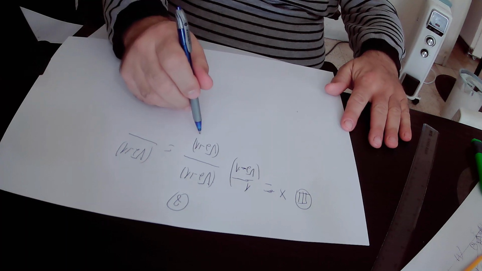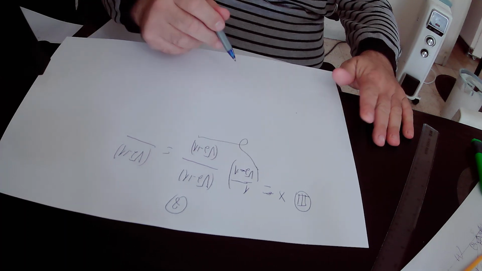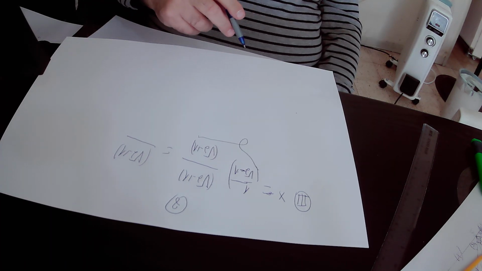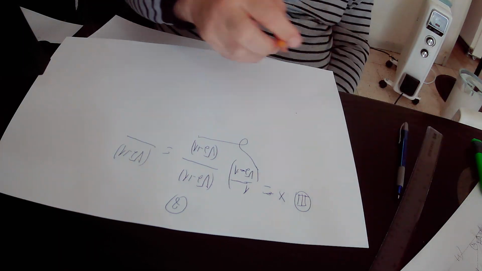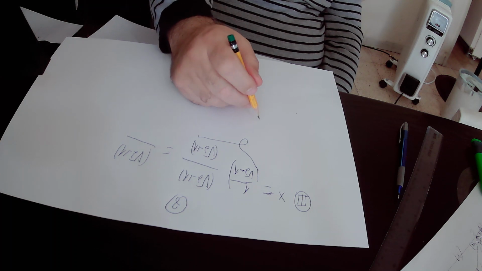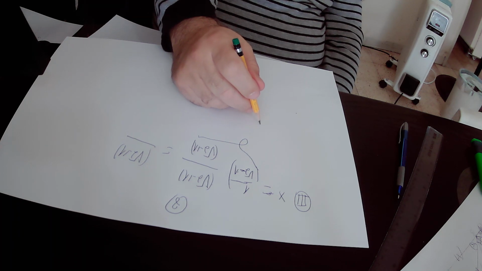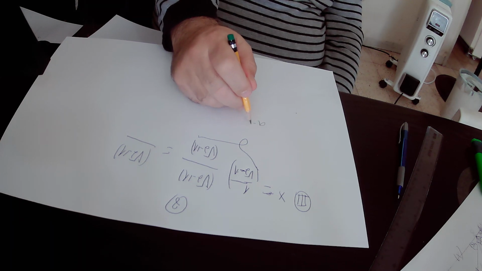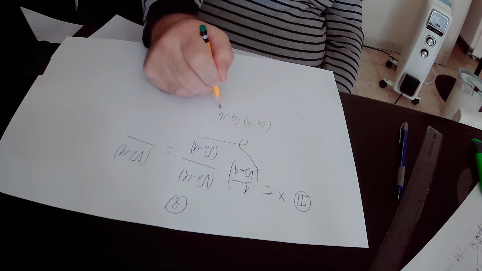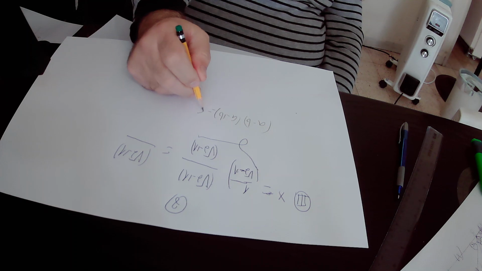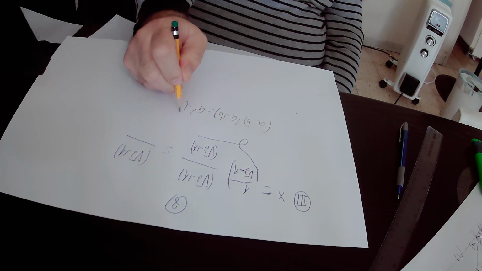This expression is equal, according to the following algebraic identity, a minus b times a plus b equals a squared minus b squared.